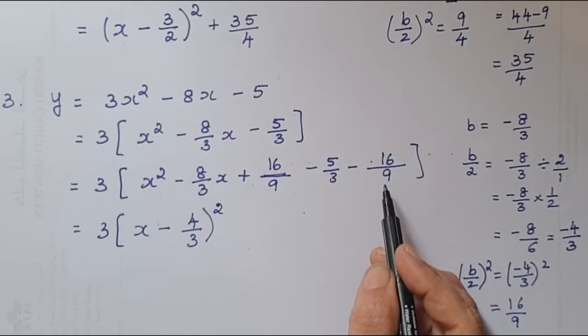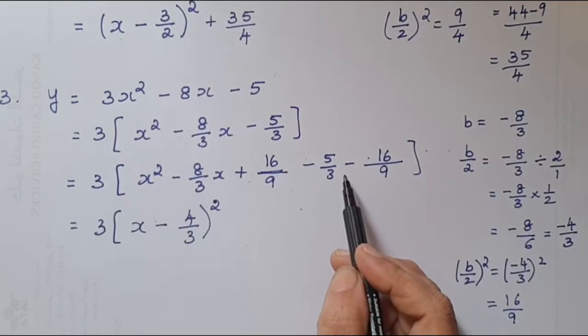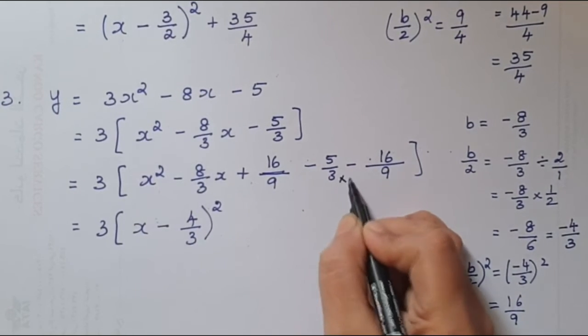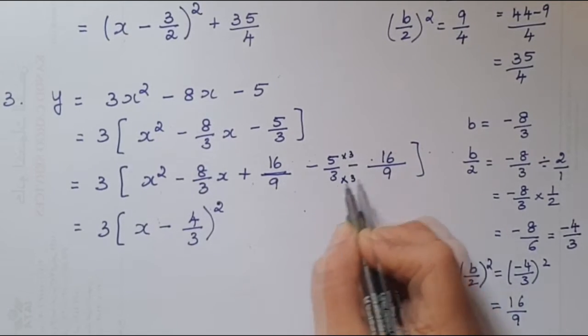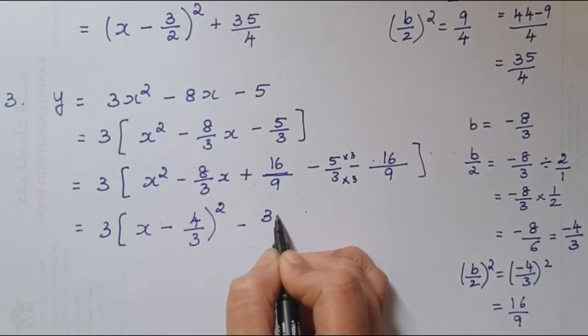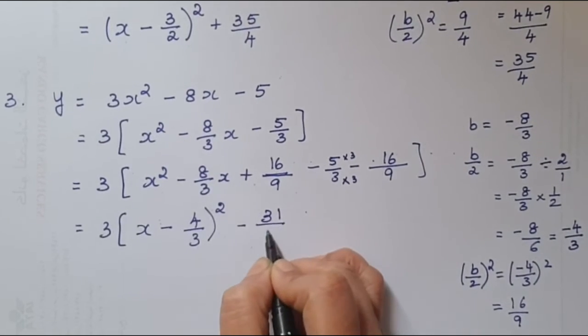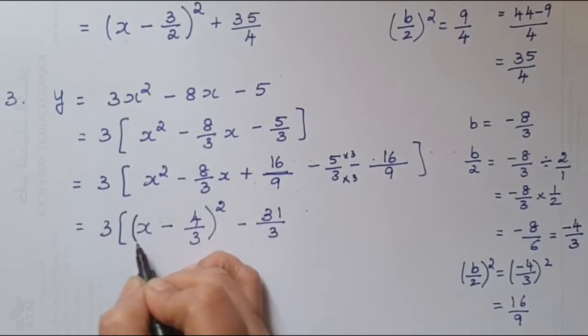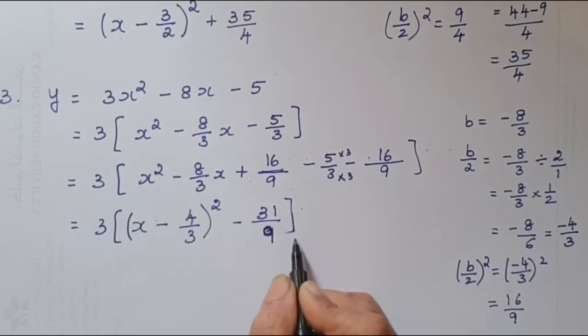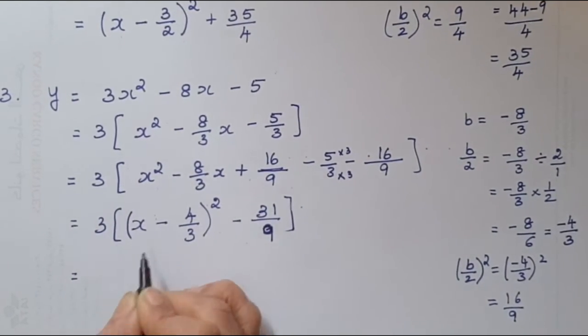You can just use your calculator also. When you multiply this by 3, minus 15 and minus 16, it will give us minus 31 over 3. This 3 is common to all the terms. So now multiply this 3.